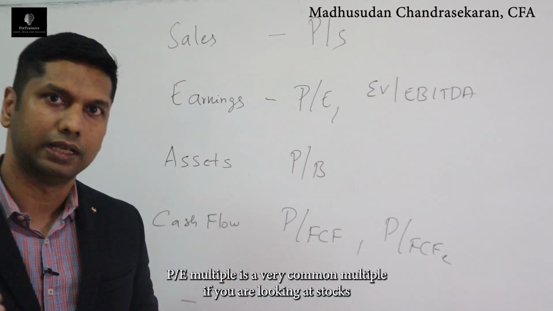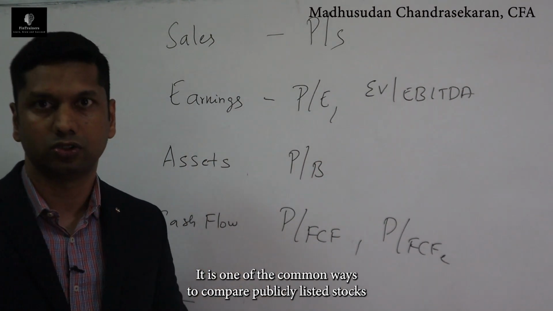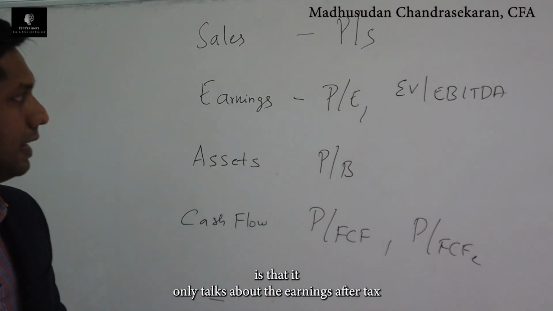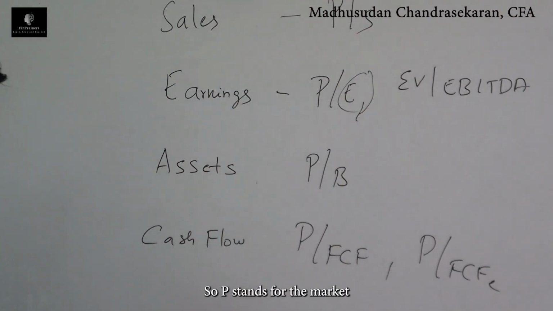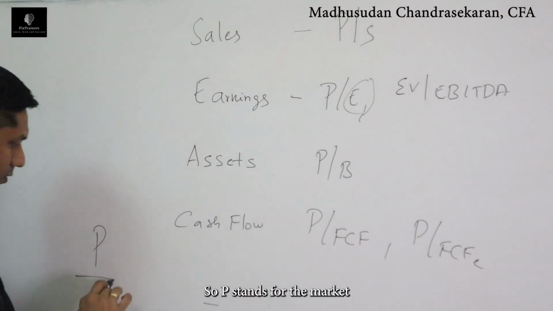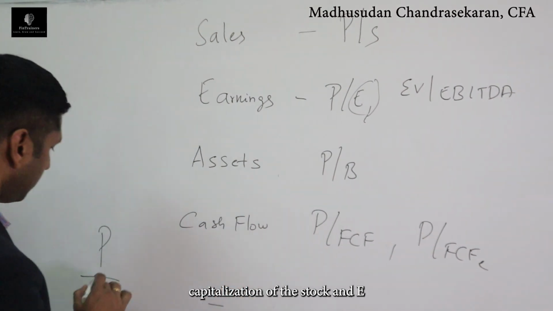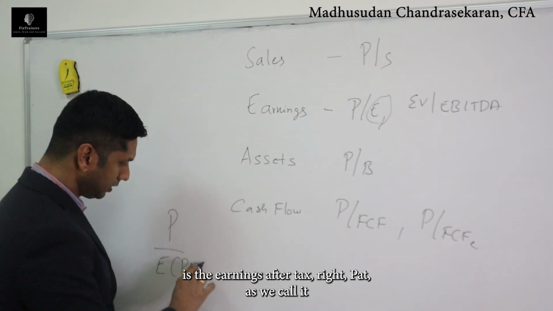If you are looking at stocks, it is one of the common ways to compare publicly listed stocks. What is the issue with PE is that it only talks about the earnings after tax. So P stands for the market capitalization of the stock, and E is the earnings after tax, right? PAT, as we call it.